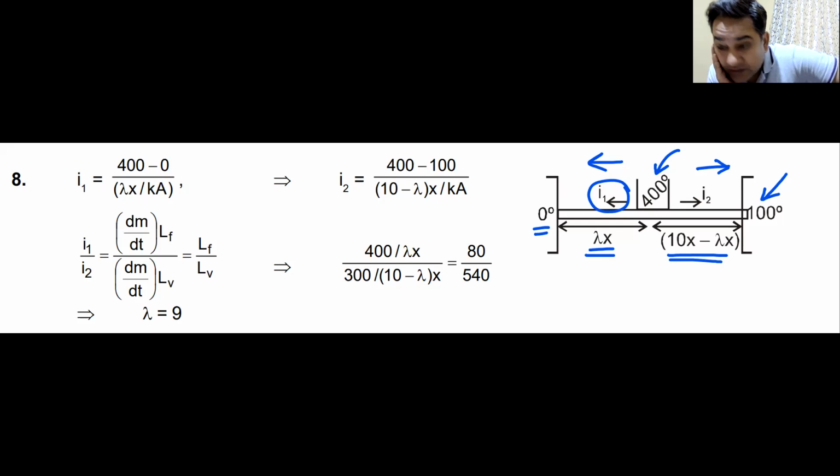Now again, I can tell you how it is done, but instead of telling you, can you read the solution and let me know how it is done?